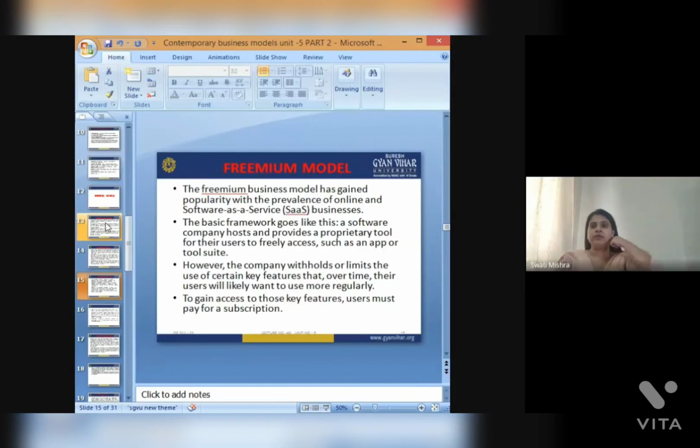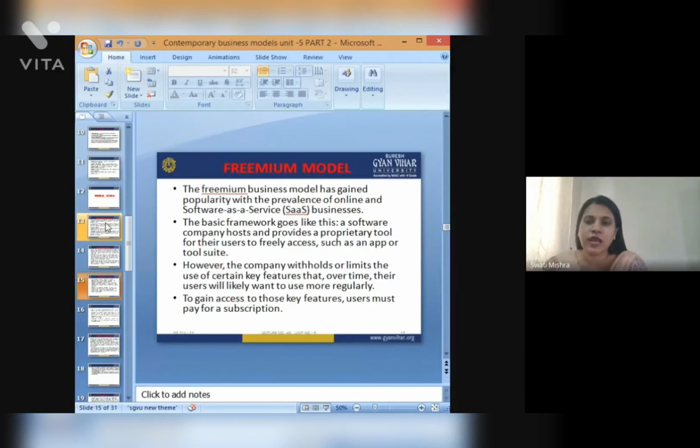For example, if I want to use video editing software, there might be one nice video editor, and I'll give you the example of Filmora.